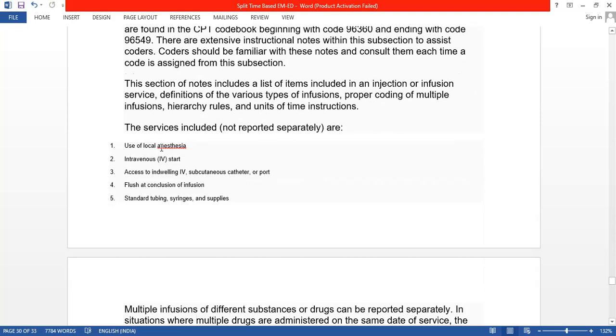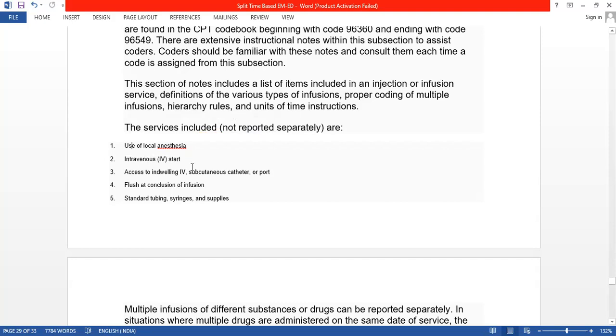Now, the list of services included in these procedures: we don't code these five separately because they are all bundled in the infusion, injection, and hydration. So we will not code these things while coding infusion, injection, and hydration in the ED facility. Use of local anesthesia: we will not code anesthesia separately.